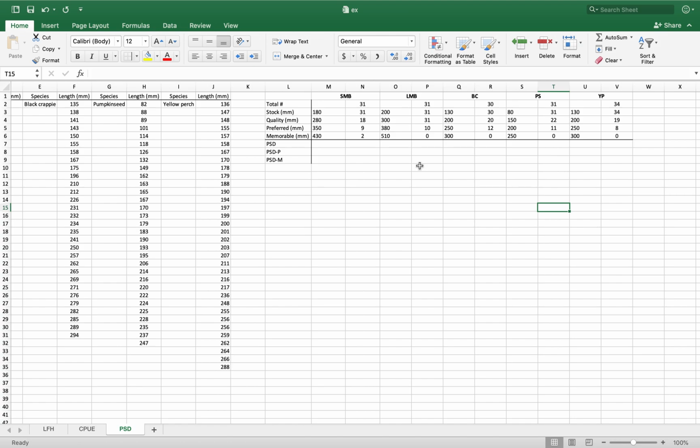So now what we're going to do is we're actually going to be looking at PSD. I have the formulas here.